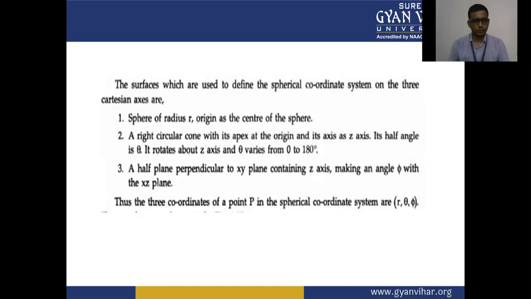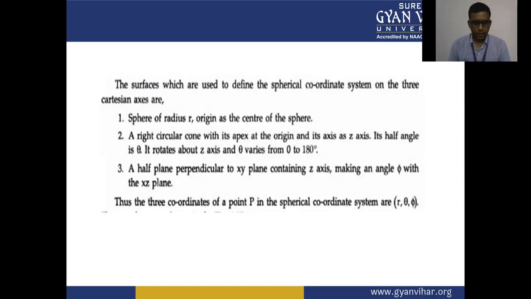So, this is all about the spherical coordinate system, which is represented by a sphere. In this sphere, we have three values: r, theta, and phi. So (r, theta, phi) is a point in the sphere, and r is the radius of the sphere. Theta is the half angle of the right circular cone with its apex at the origin and its axis as the z-axis, and theta varies from 0 to 180 degrees.